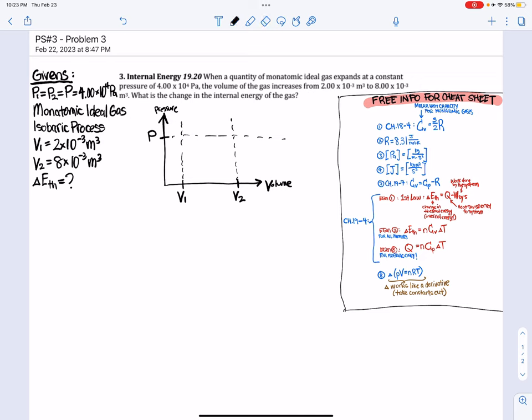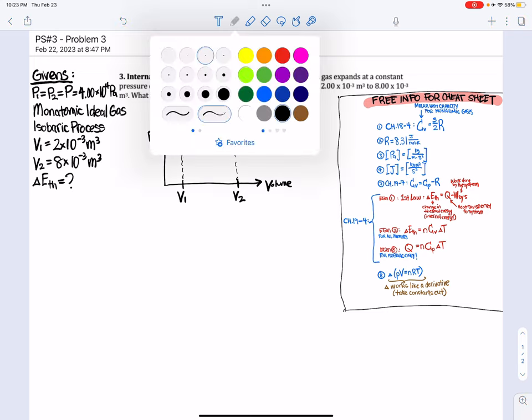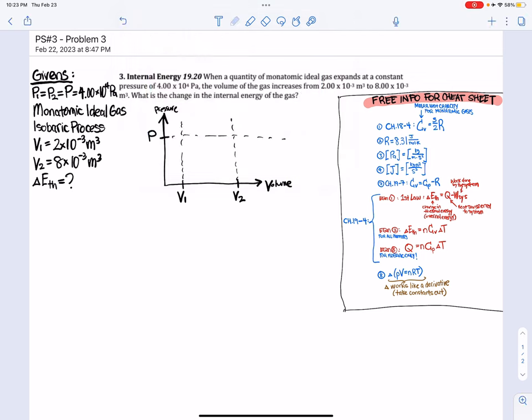What do I know about the PV diagram? If this was my initial state right here at V1 and P1, which is just P because pressure is constant, and this is my final state, state 2 at P2, V2, which is just P because P is constant, and at volume 2, right?